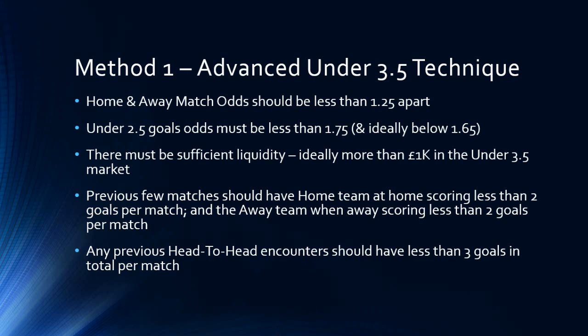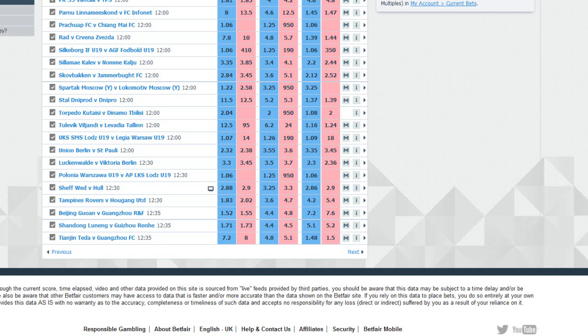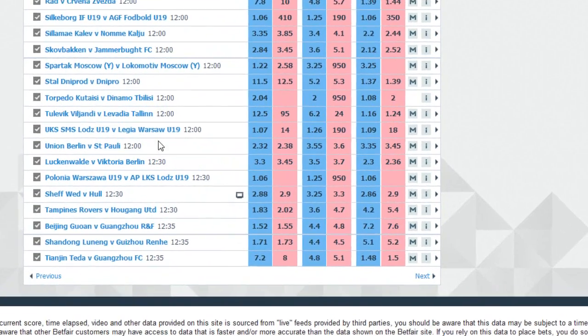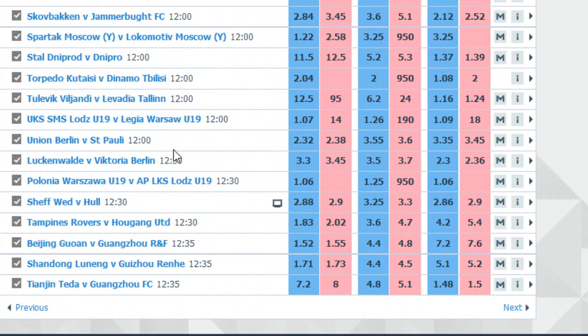Okay, now I've already selected a match for this demonstration, and let me go to Betfair. So you make your match selection in exactly the same way as you normally would. Today is Saturday the 17th of October, and looking down the list you'll see that we've got Sheffield Wednesday versus Hull at 12:30.